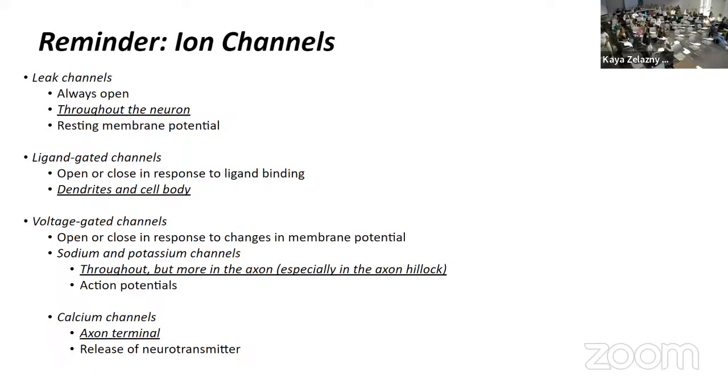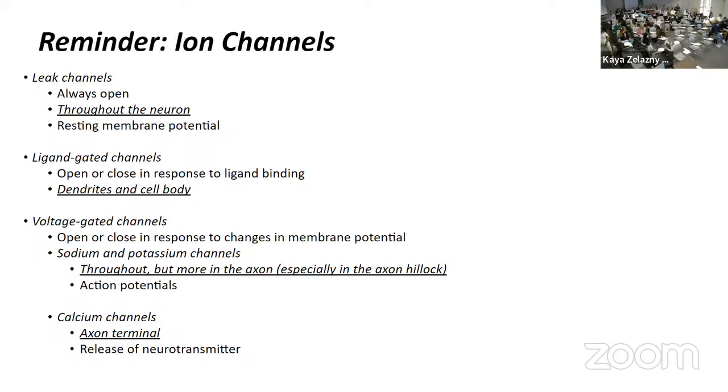So we find these voltage gated channels throughout the neuron, but mostly we see them in the axon, where we're transmitting that action potential, and especially in the axon hillock, which is that beginning part of the axon. So responsible for our action potentials. Our new voltage gated channel that we learned about as we talked about the synapse was our calcium voltage gated channel.